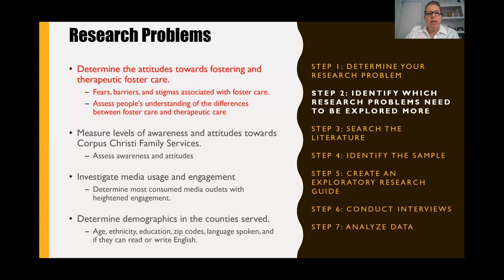But maybe we're unfamiliar with the fears, the barriers, the stigmas associated with foster care, and really understanding whether or not people understand the difference between foster care and therapeutic services or therapeutic care. So we decide that that is the research problem that we need to explore more.